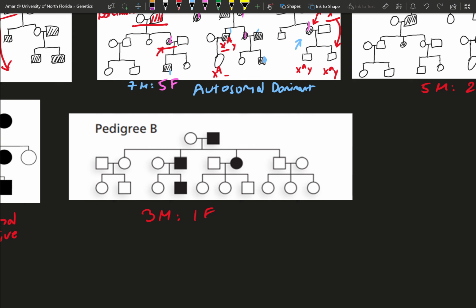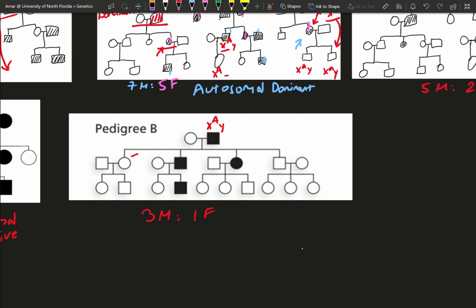Let's try to figure out if it's X-linked dominant. This particular male would have to be X big A, Y. So this X big A would have to be given to all of his daughters, right? So she got one, and then this female would have to get one, but she doesn't. So therefore, it's not X-linked dominant.